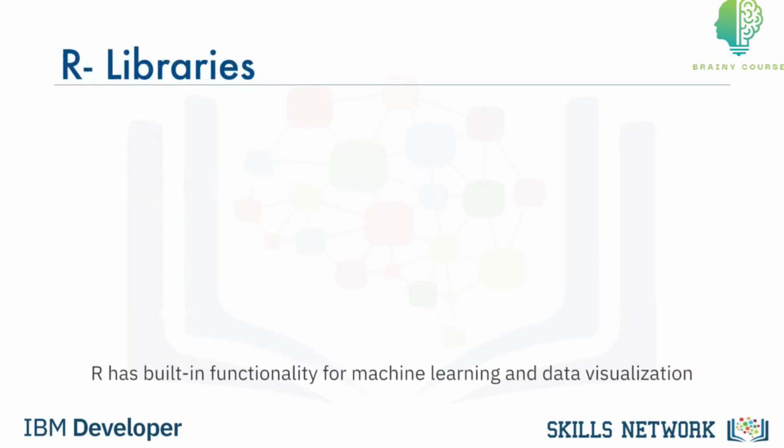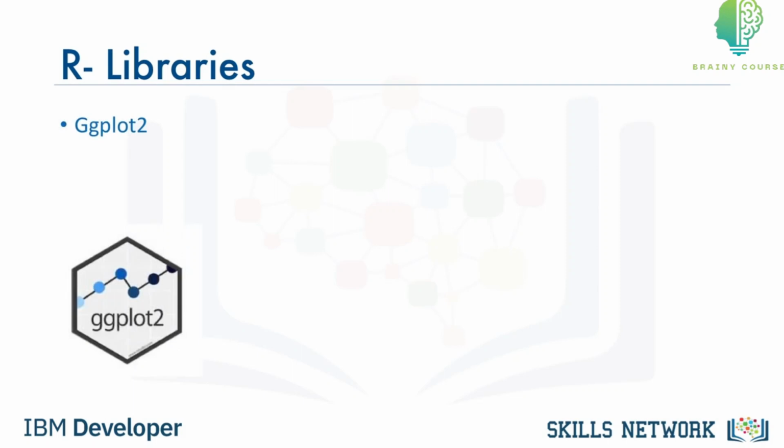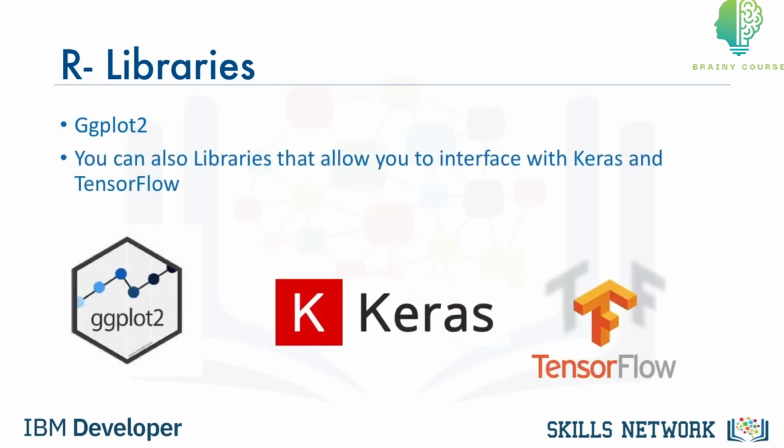R has built-in functionality for machine learning and data visualization, but there are also several complementary libraries. ggplot2 is a popular library for data visualization in R. You can also use libraries that enable you to interface with Keras and TensorFlow. R has been the de facto standard for open-source data science, but is now being superseded by Python.